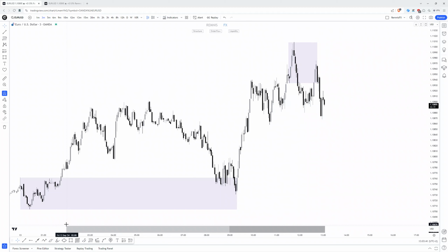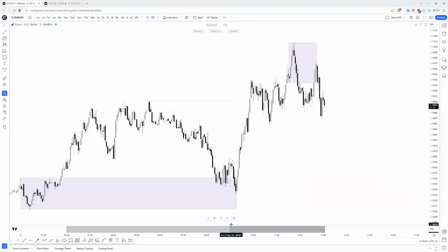Now, if we then look at these sessions, right? This here is the Asian session. It basically had topped out here. So this was Asian high, and this here was basically that Asian low, right?